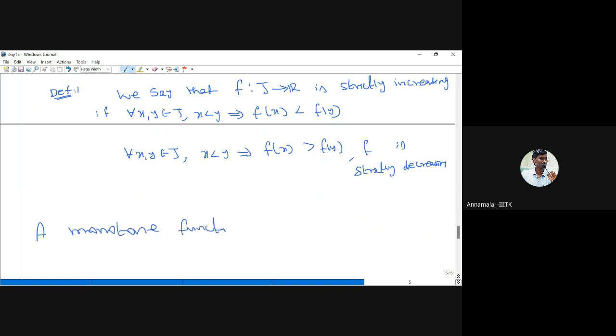A function is said to be a monotone function if it is either strictly increasing or strictly decreasing, but not both.